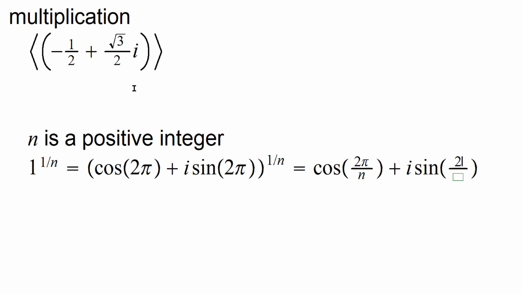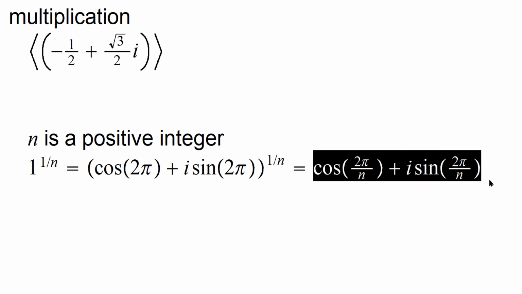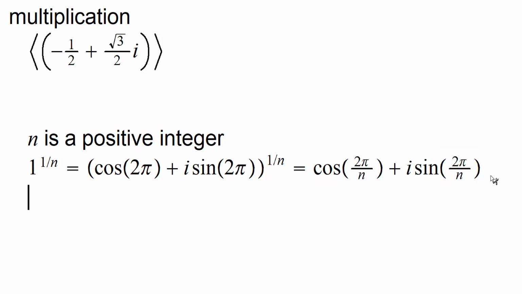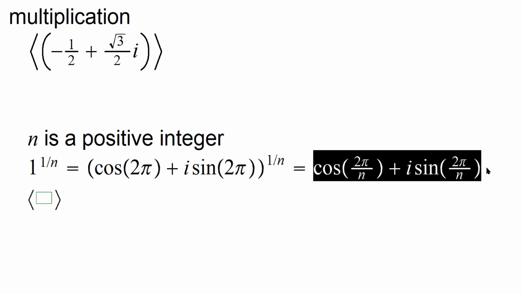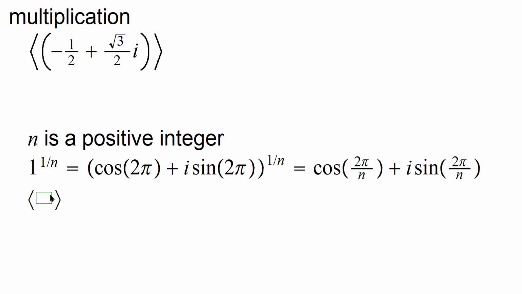Of course the powers of this will generate different nth roots of 1, but our interest is that they will all form a group with respect to complex multiplication. And that group will be generated by, one of the generators is this right here.